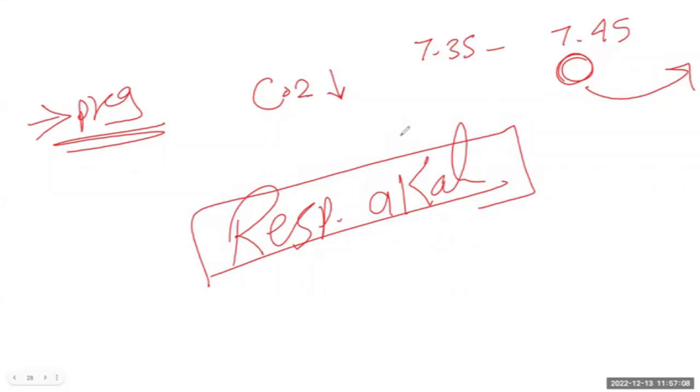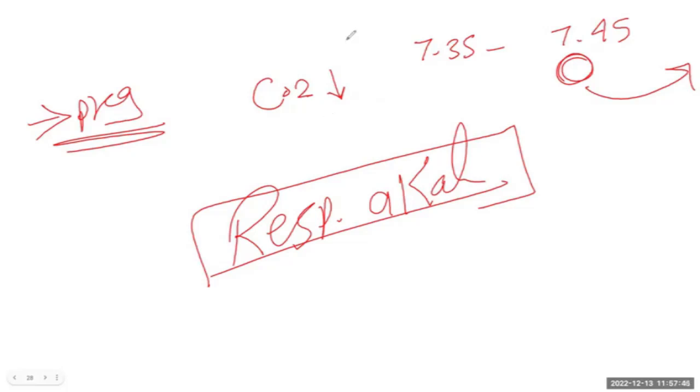How to differentiate between mixed and compensatory? In mixed, you will find the respiratory and the metabolic problem causing the same problem. I mean, both of them can cause acidosis or both of them can cause alkalosis. While in compensatory, you will find one of them can cause acidosis and the other can cause alkalosis. That's why it's compensated.